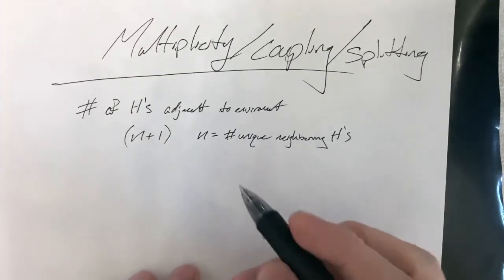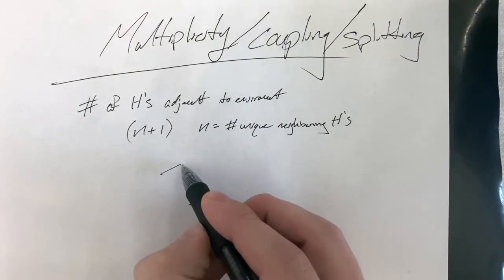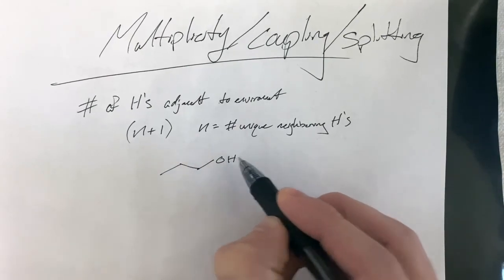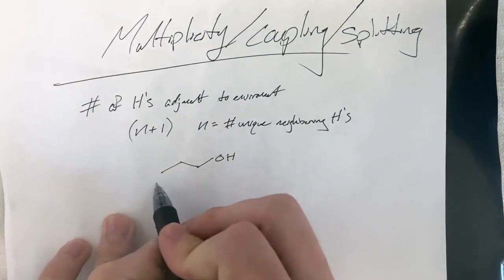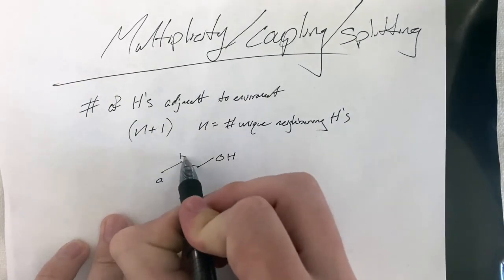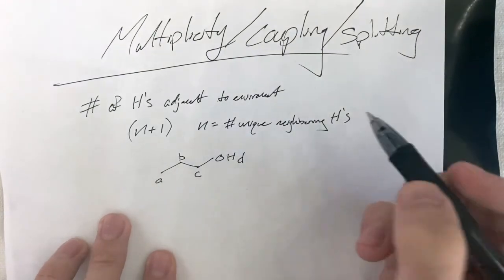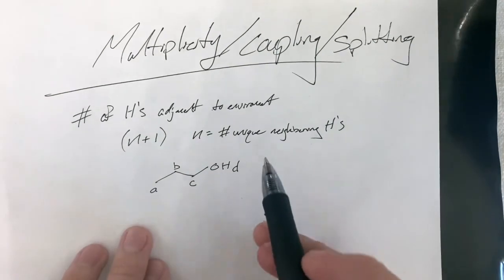So for example, a very common and easy one that we could go over is one that you're probably going to see in SI, is this. So for example, I'm going to label these A, B, C, D. So again, we're only looking at the multiplicity of hydrogens.